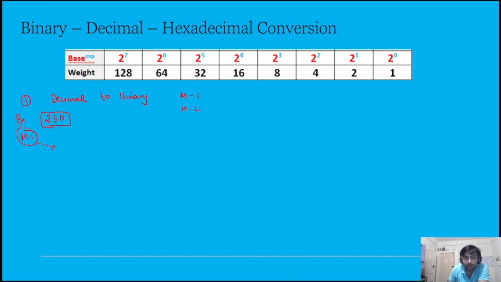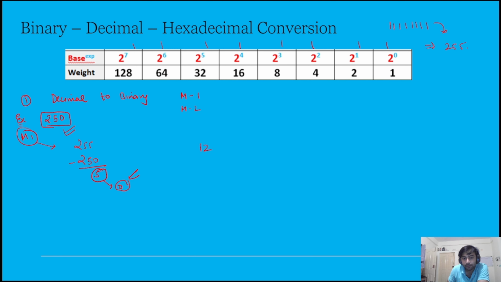Method number one says if everything is on, let's say this is one, this is one, and so on for all eight, it will be 255, right? 11111111 is 255. But we have to convert decimal 250 into binary. So 255 minus 250 gives 5. That means for 5 I have to fill with 0, else I can mark it as 1.